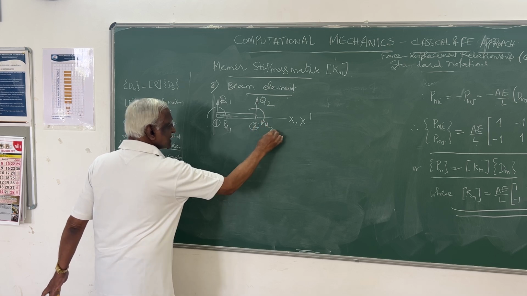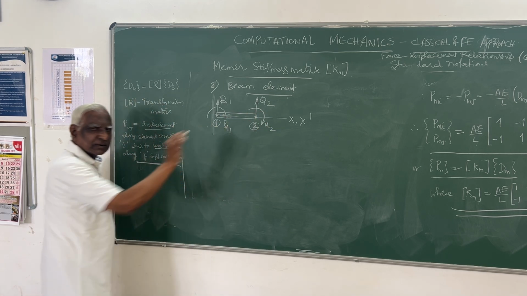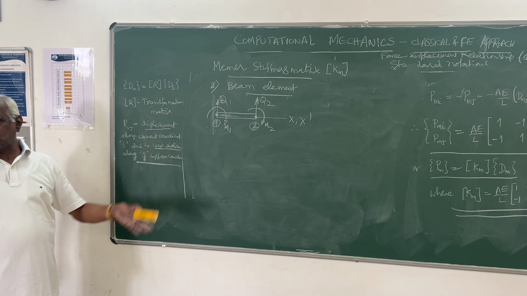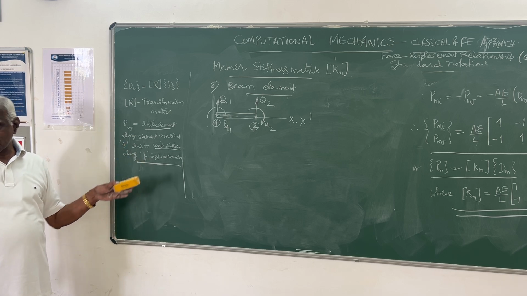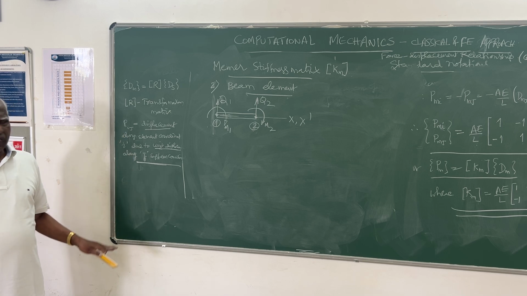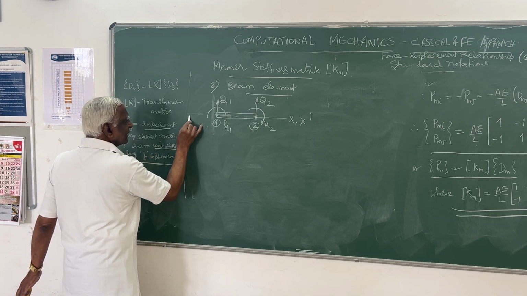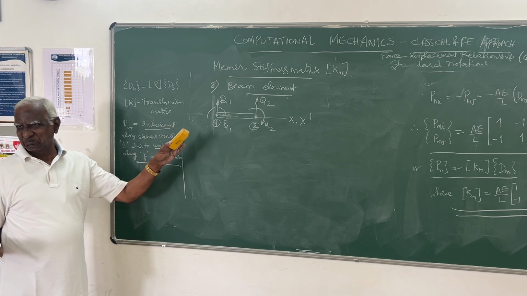There will be 2 degrees of freedom at the nodes. It's a one-dimensional element having 2 nodes, 1 and 2. At each node, 2 degrees of freedom, shear and moment. Beam is assumed to be axially rigid. If you have axial rigidity, then you can call it P1. That is the frame.